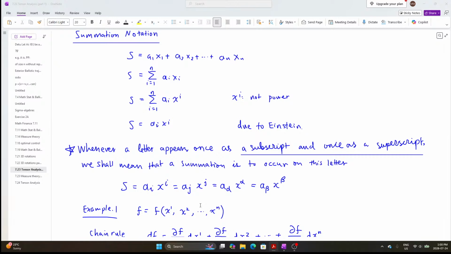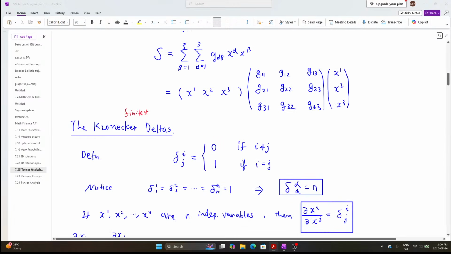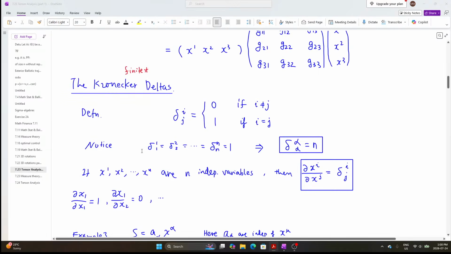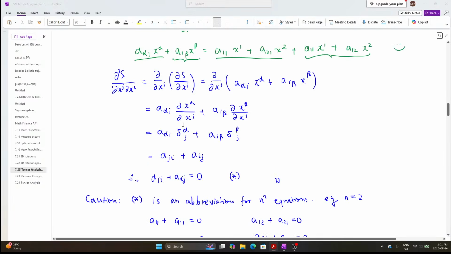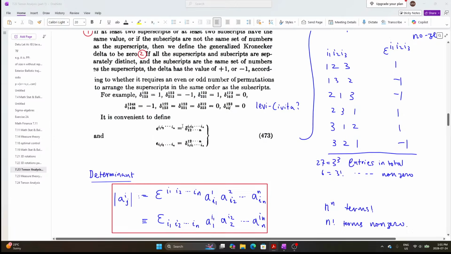Let's get started. So we continue our study of classical tensor analysis. Yesterday we introduced the summation notation and the Kronecker delta symbols. In particular, not just the Kronecker delta with two indices, but also the so-called Levi-Civita symbol.